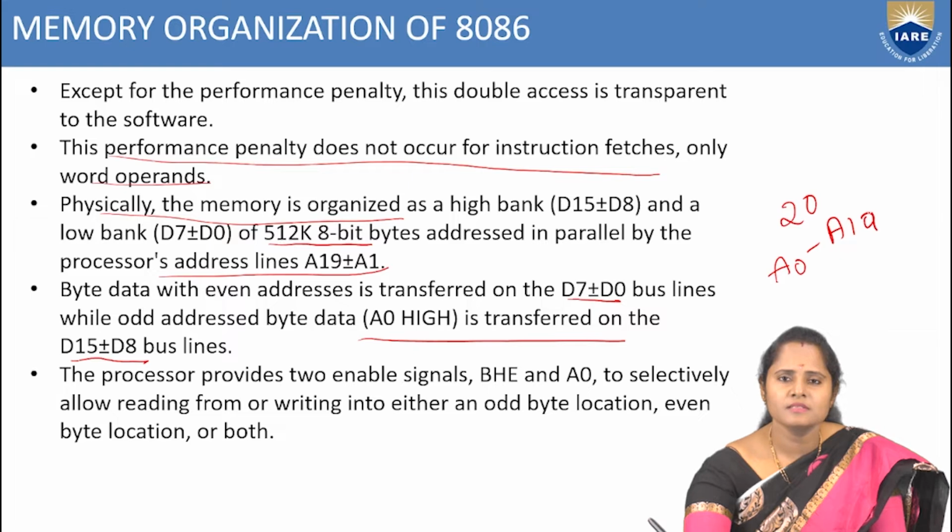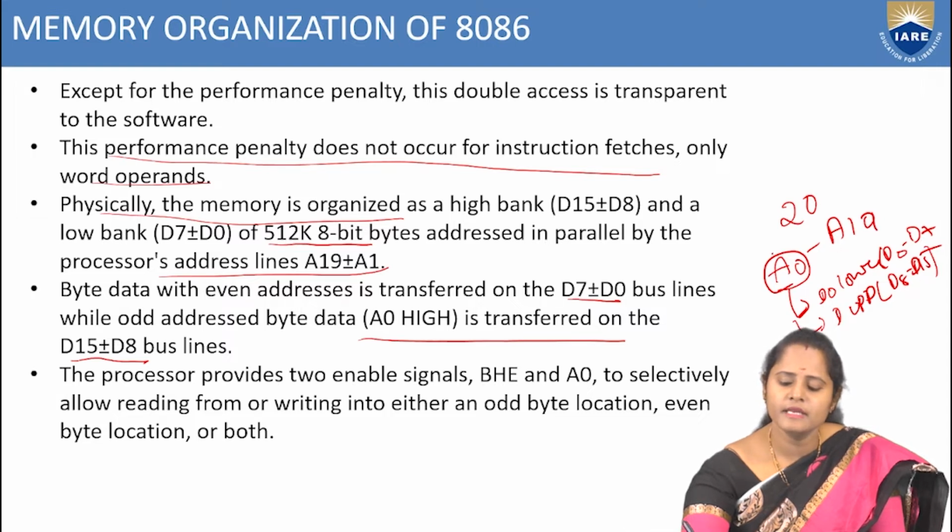In order to access the memory banks, A0 is assigned only to select either the lower or the upper part of the data. Lower means D0 to D7 and upper means D8 to D15.